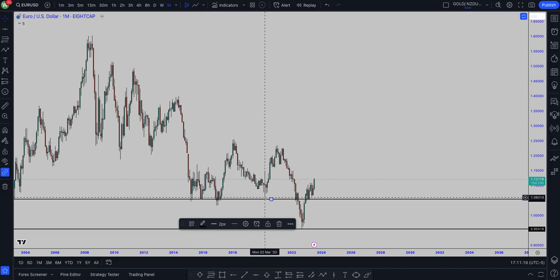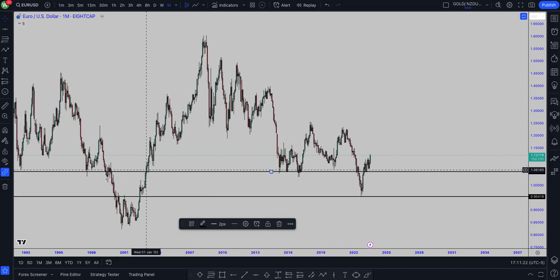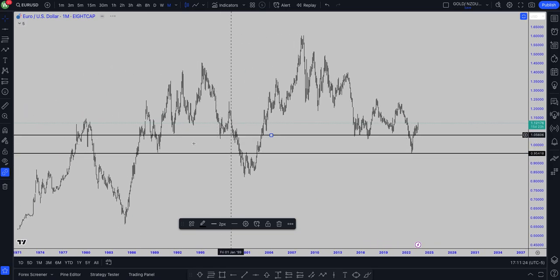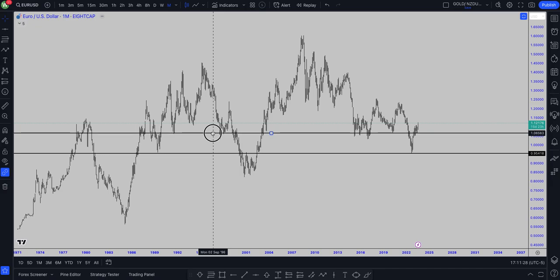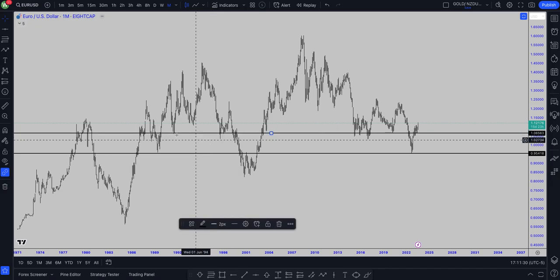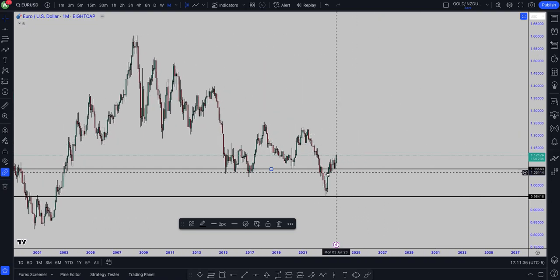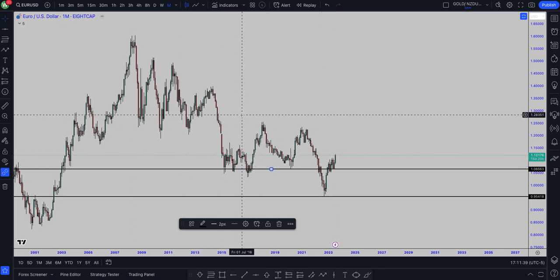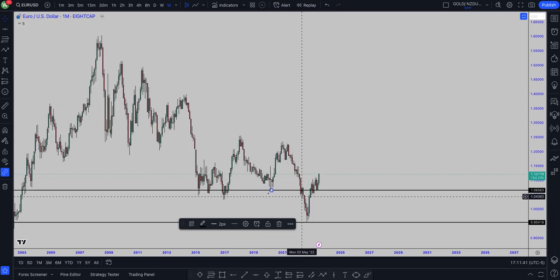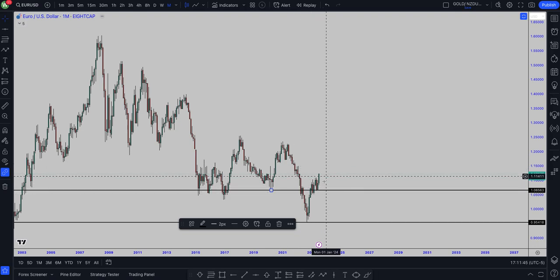Also potential support in this area, support here, resistance here, support here. I can maybe bring it up a little bit so it makes more sense. So around here, touch, right? So touch also. So we see that we met a very key area of support right here.